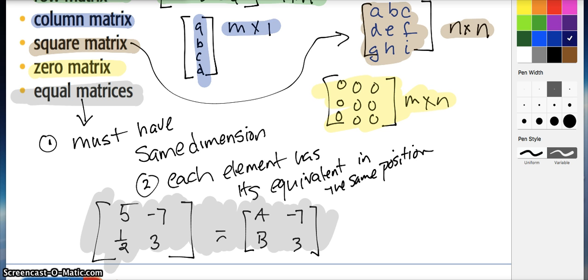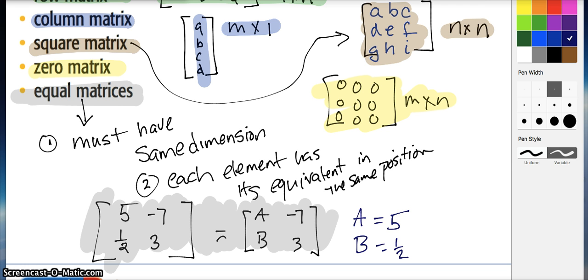If I tell you that these two matrices are equal, the sizes must be exactly the same, and each element must have its pair, its equivalent in the same position. And so if these two matrices are equal, I know that A must equal 5 and B must equal 1/2.